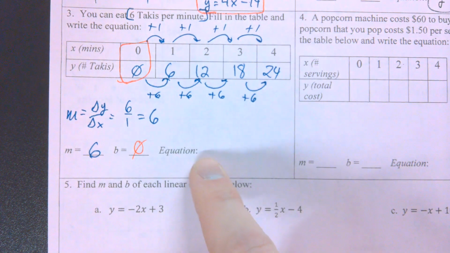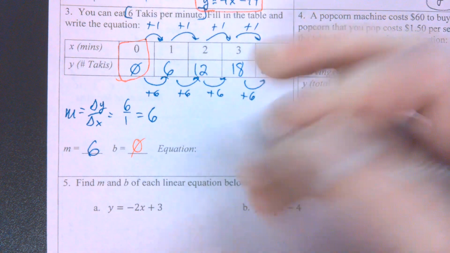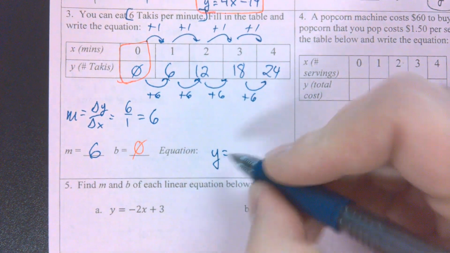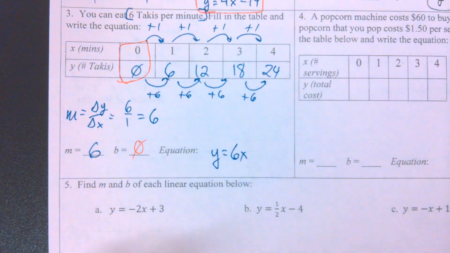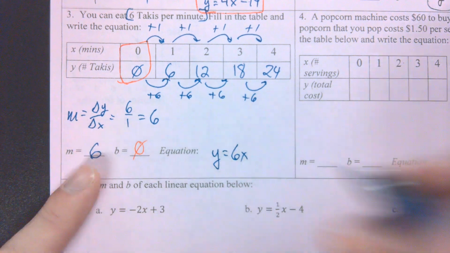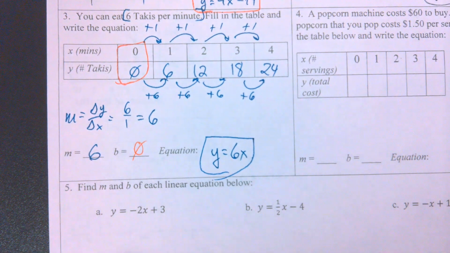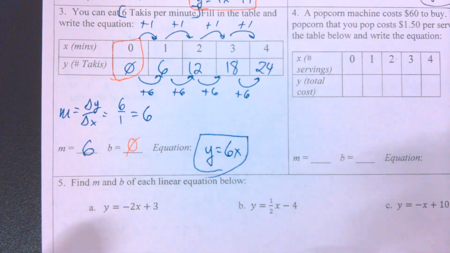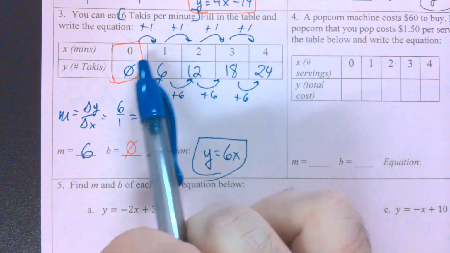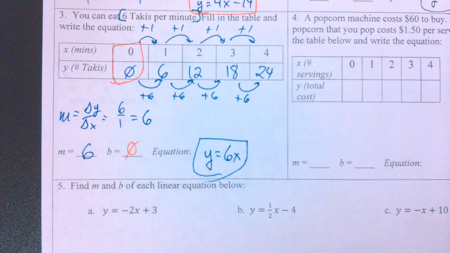For my equation, I'm going to write y is equal to what? Can someone help me out? 6x. We could say minus 0. We could say plus 0. But do we need to put that at all? No. We can just leave it as y is equal to 6x. This would be a proportional relationship because after 0 minutes, you've eaten 0 Takis.